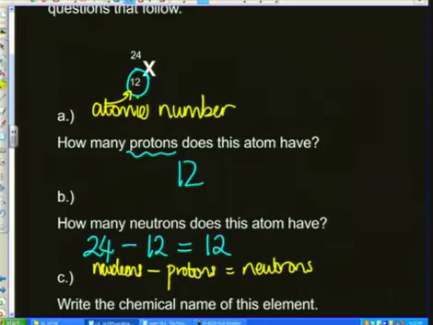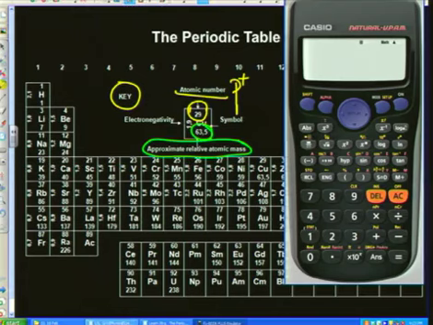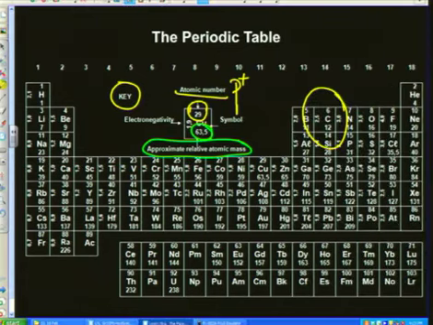And that atomic number is going to be helpful in that it's the number of protons. That atomic number is listed on the periodic table, so let's go and find it. We've got number 12.